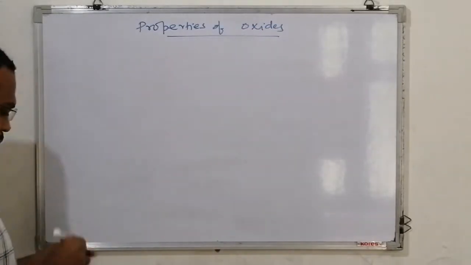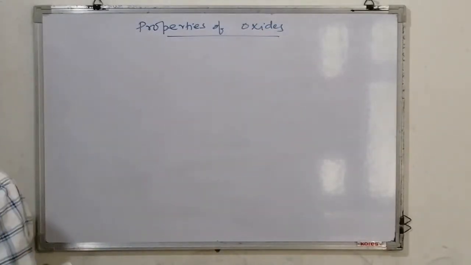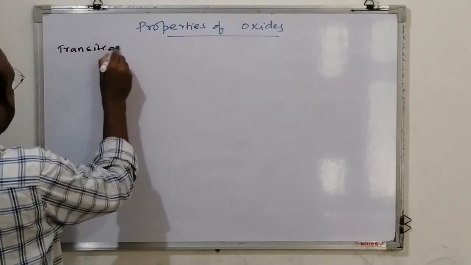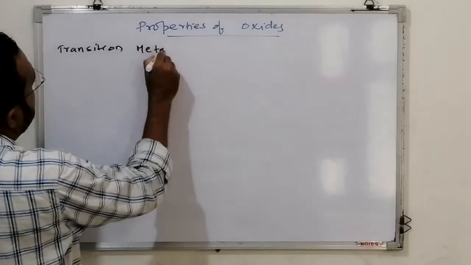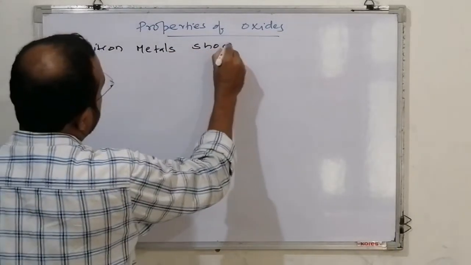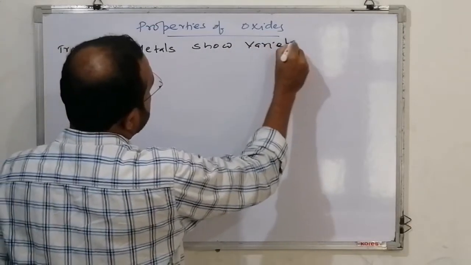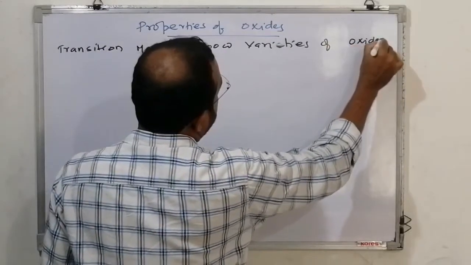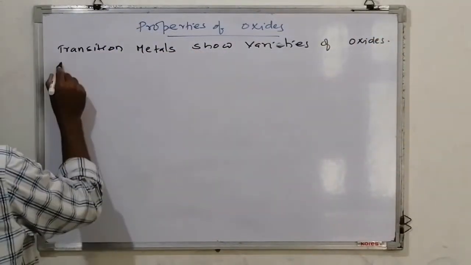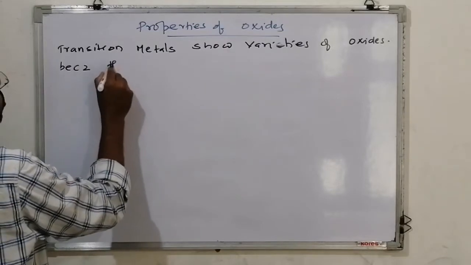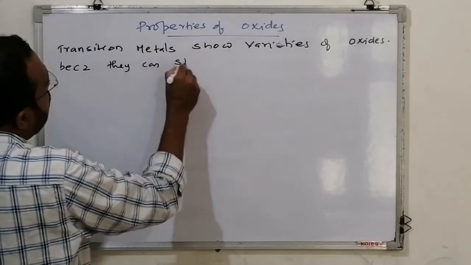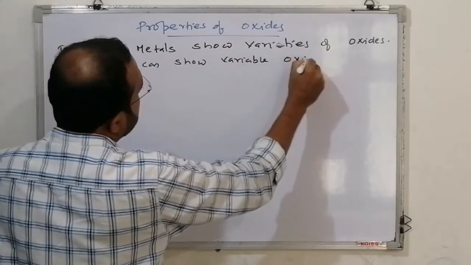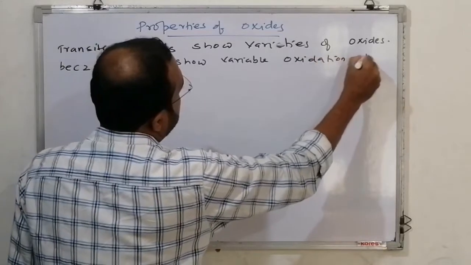Transition metal oxides. Transition metals show varieties of oxides, because they can show variable oxidation state.